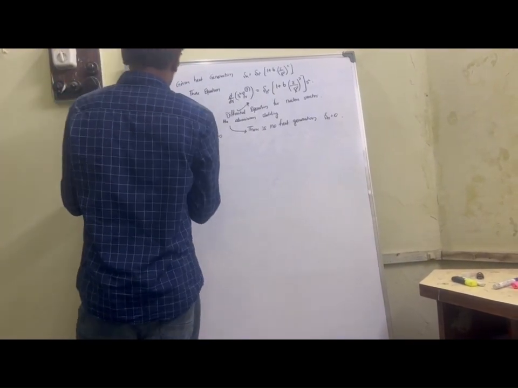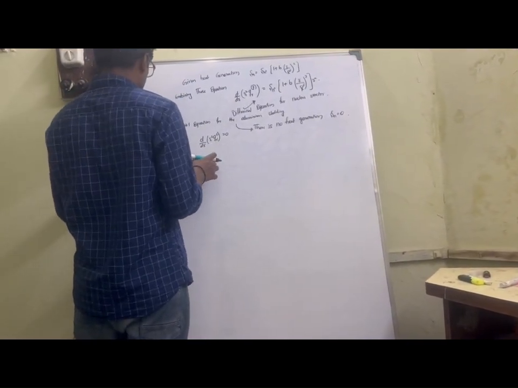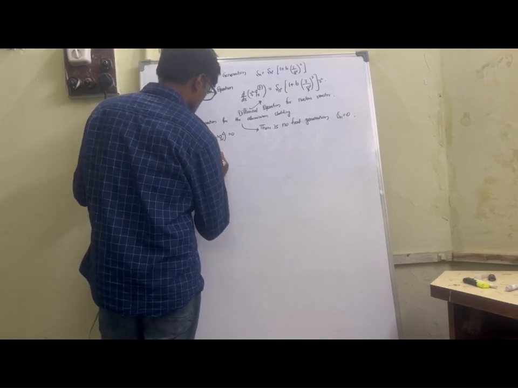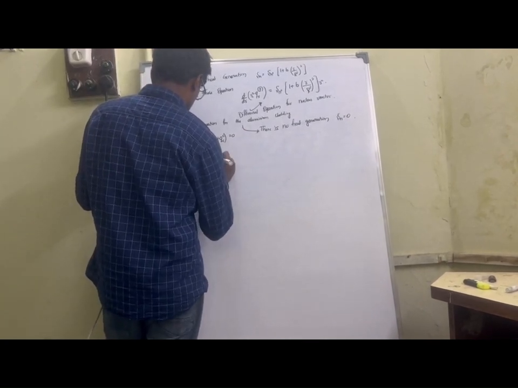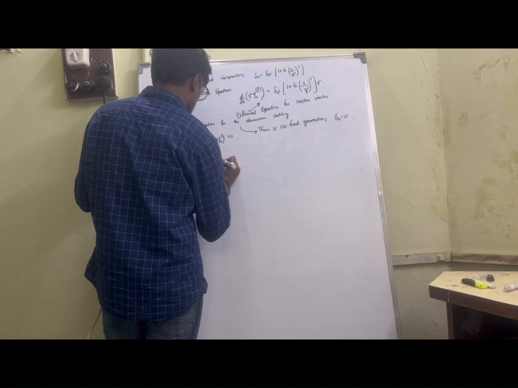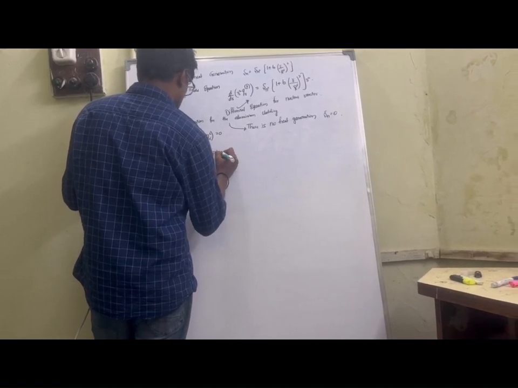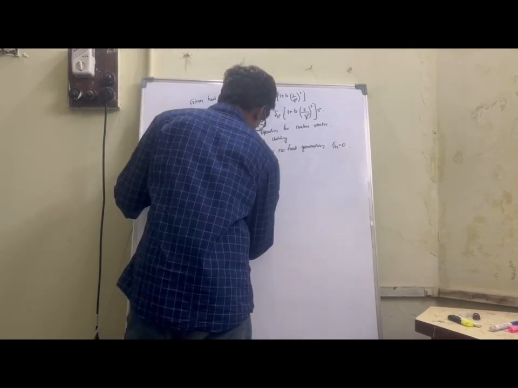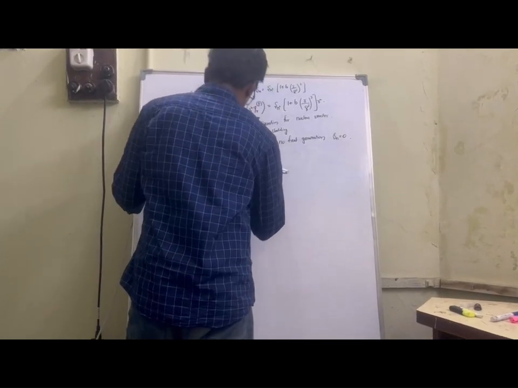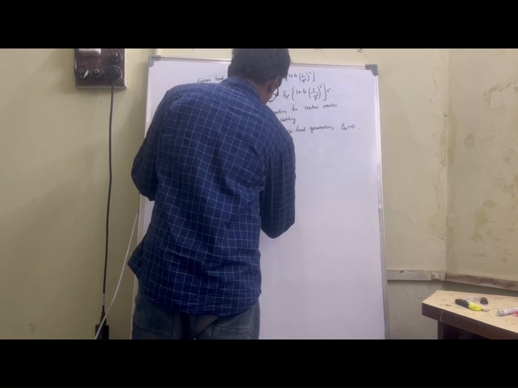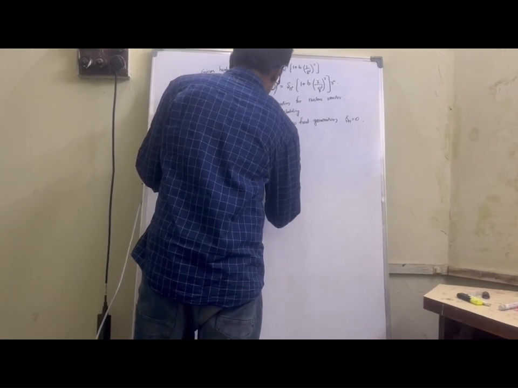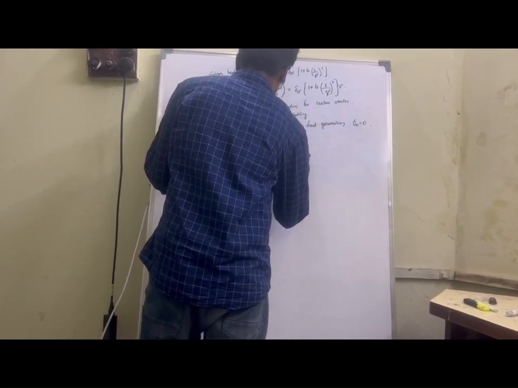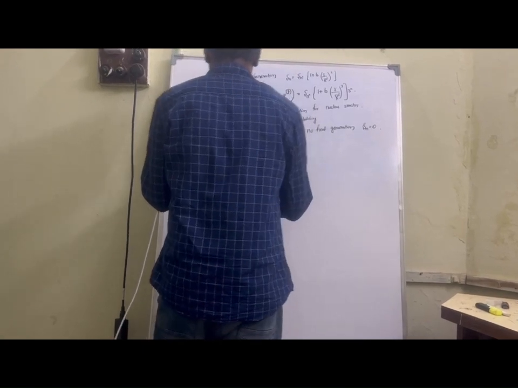Now from this equation we can get d by dr of r square QRF is equal to Sn naught 1 plus B r by Rf whole square r square.